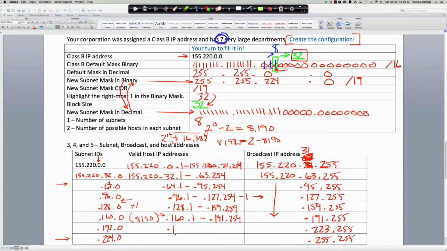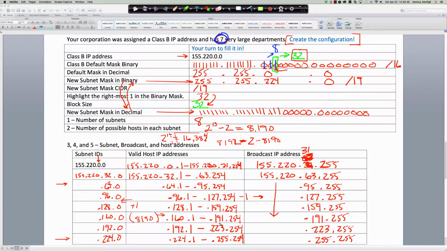So then we've got .192, add 1, .1, and then one less than what we have over here, 223.254, and then finally .224.1 to .255.254.